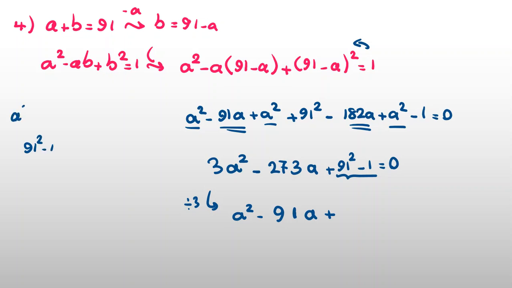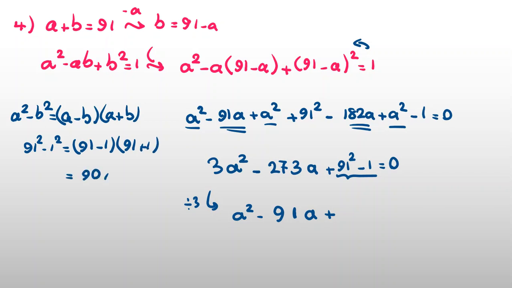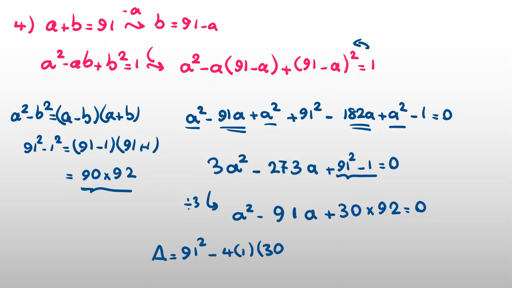We have a famous identity that a squared minus b squared is a minus b times a plus b. So you can say minus 1 is minus 1 squared. 91 minus 1, 91 plus 1. So it will be 90 times 92. And if you divide it by 3, it will be 30 times 92 equals 0. Now if I calculate delta, it will be 91 squared minus 4 times 1 times 30 times 92.